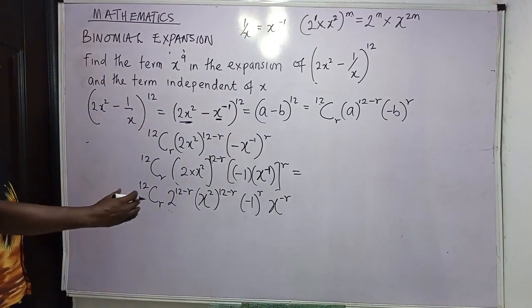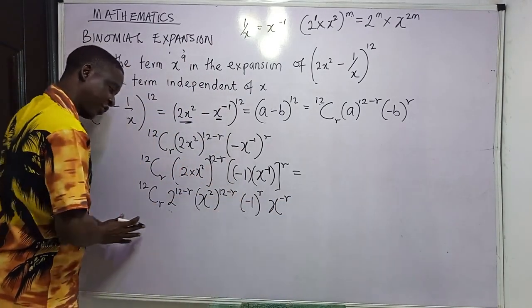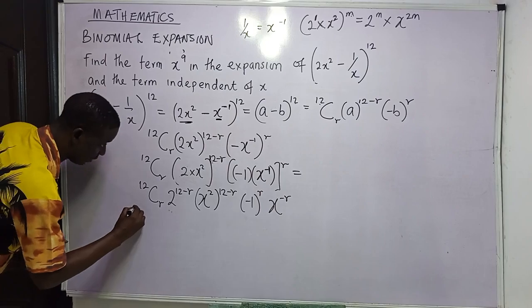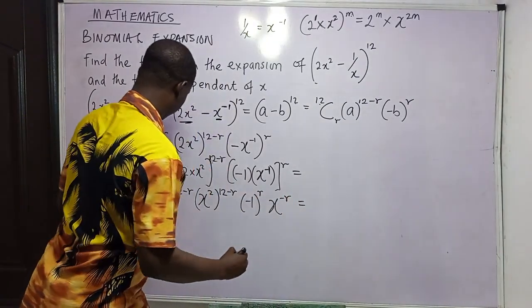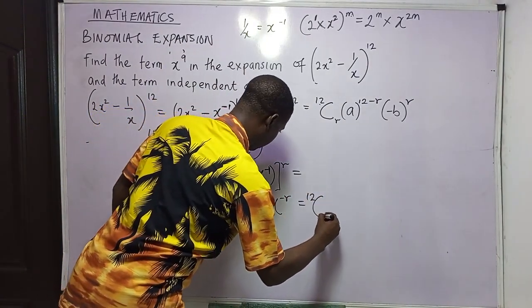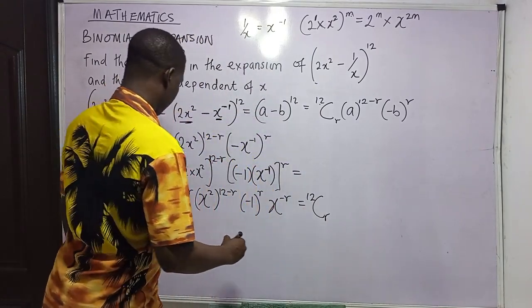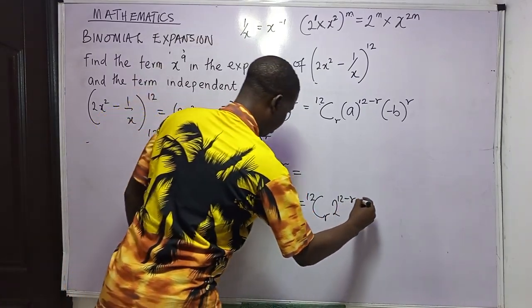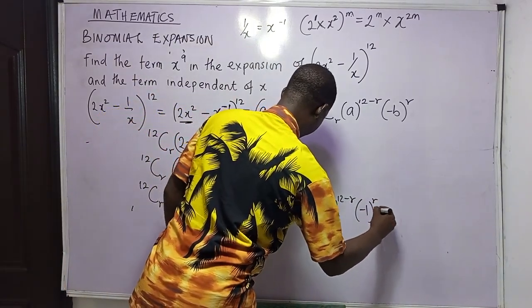Now, let us take all the coefficients to one side and all the variables to one side. So I'm going to have 12 combination r, 2 raised to power 12 minus r, then minus 1 raised to power r.